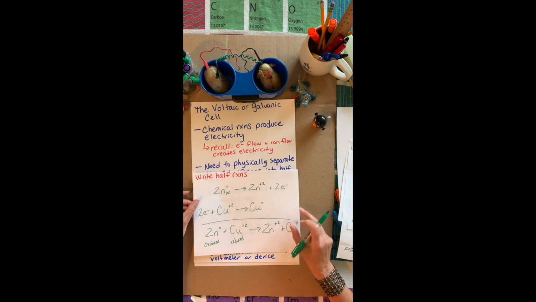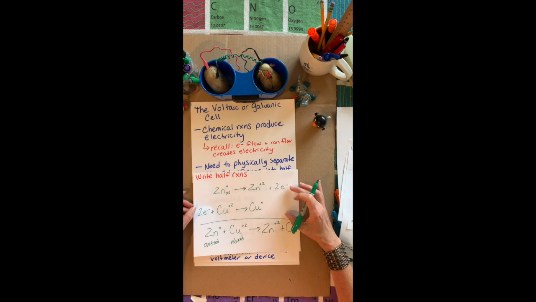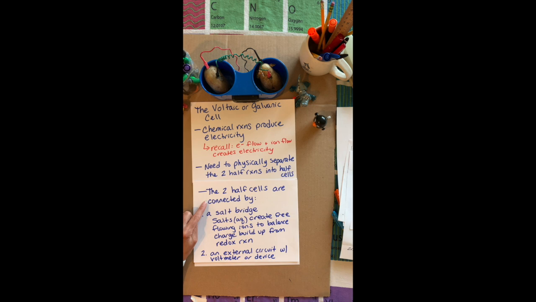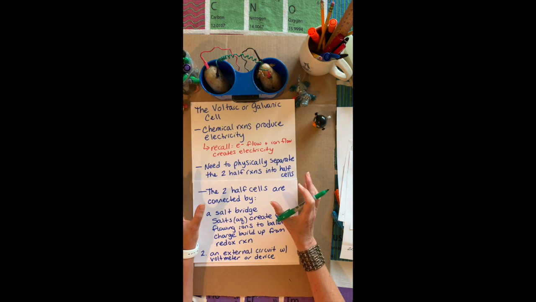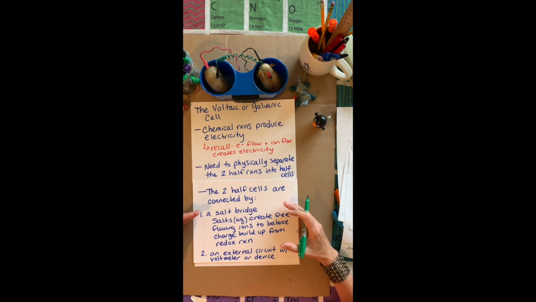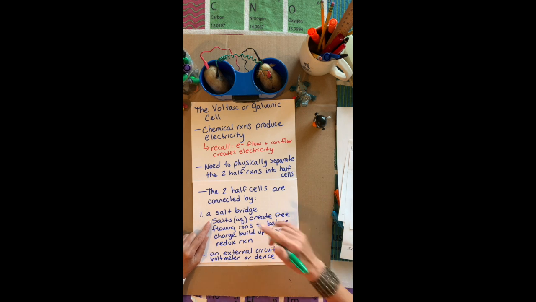And in my upcoming example, here are the two half reactions that occur in the galvanic cell I'm about to show you. In doing so, I create two half cells. So there's separate areas where the half reactions are occurring. Now those half cells are connected to each other by, number one, a salt bridge.